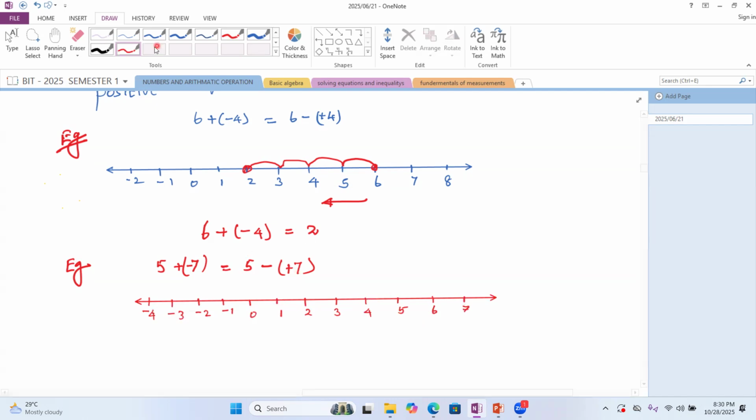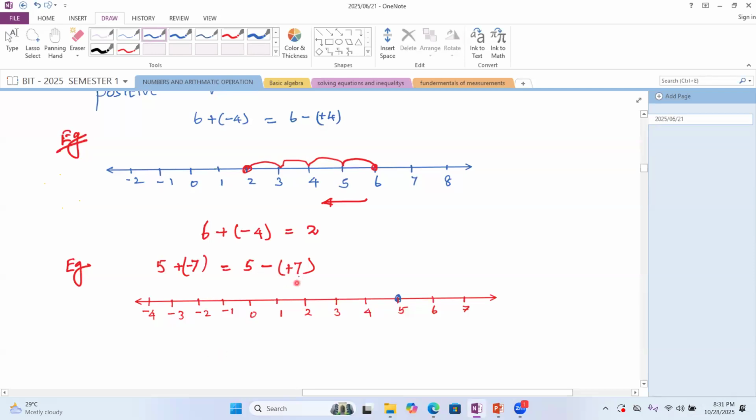Start with number 5. Then subtract 7, a positive number. Subtract means negative direction.